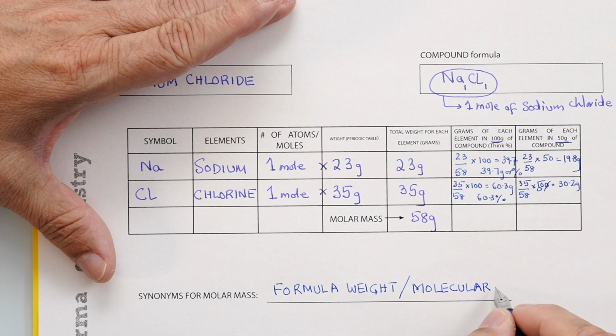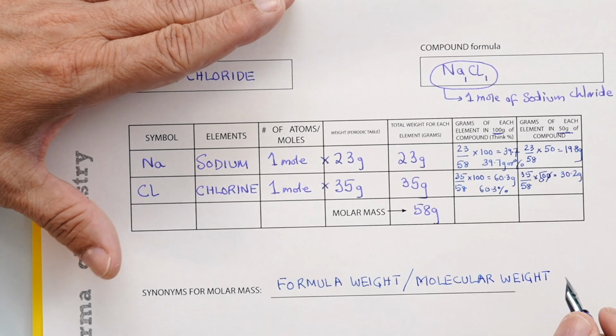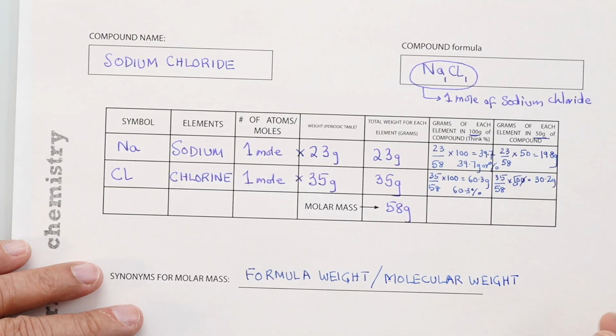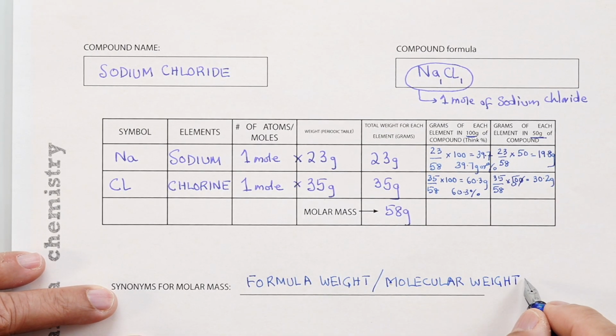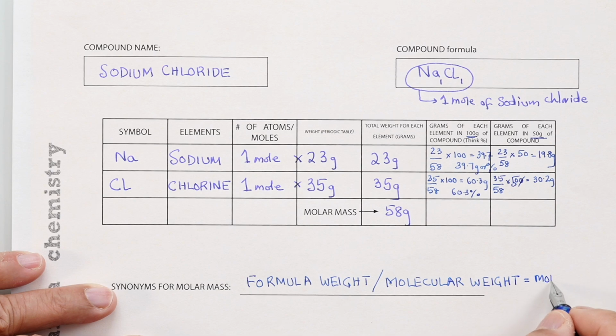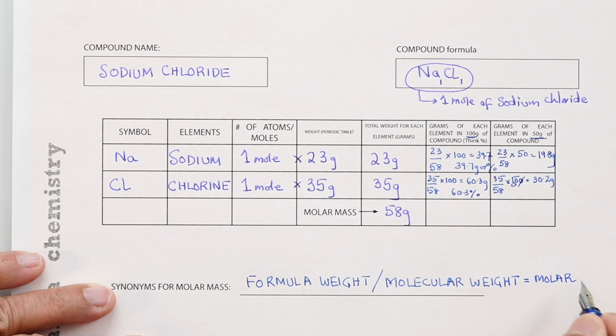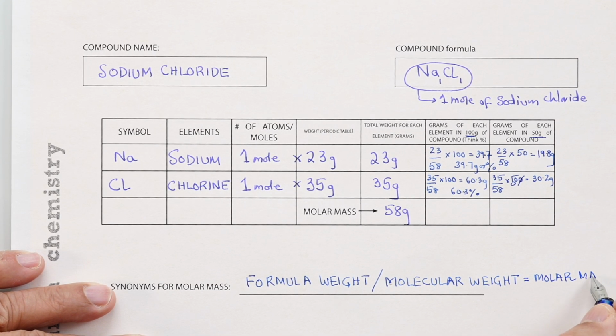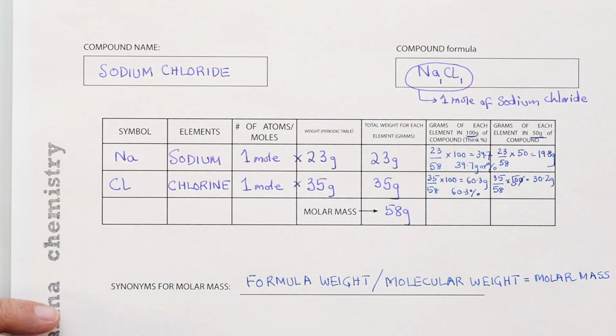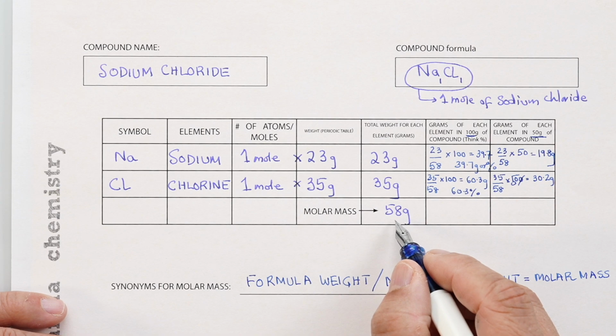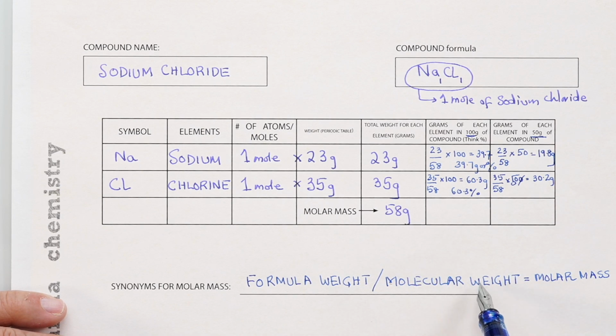These are the most common ones. Okay, and they basically refer to the exact same thing, which is molar mass. So these are all equal to molar mass. So if I ask you what is the molar mass of sodium chloride, you would say 58 grams. If I asked you what is the formula weight for sodium chloride, same deal, 58 grams. And the molecular weight is also 58 grams. So 3 different terms for the exact same number.